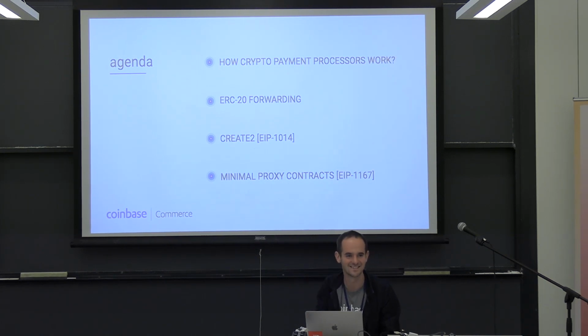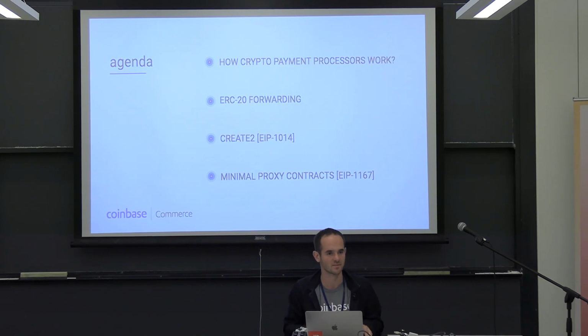Yeah. When you create the flush contract and it forwards the funds, what is the address that it flushes to? You can think of that as the merchant's final destination.